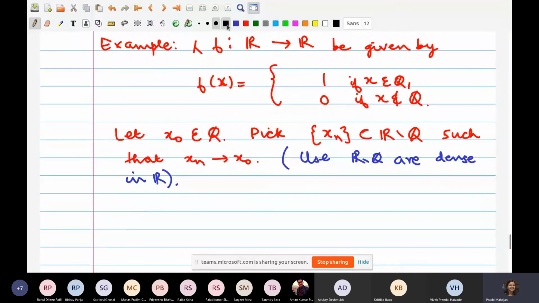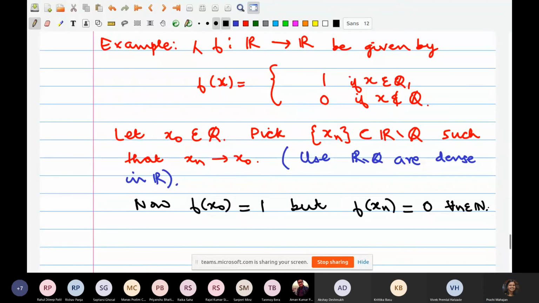Now look at f of x naught. Now f of x naught, by the definition of the function f, is 1, right? Because x naught is a rational number, but each xn is not rational. So which means that f of xn is going to be 0 for each n, right?